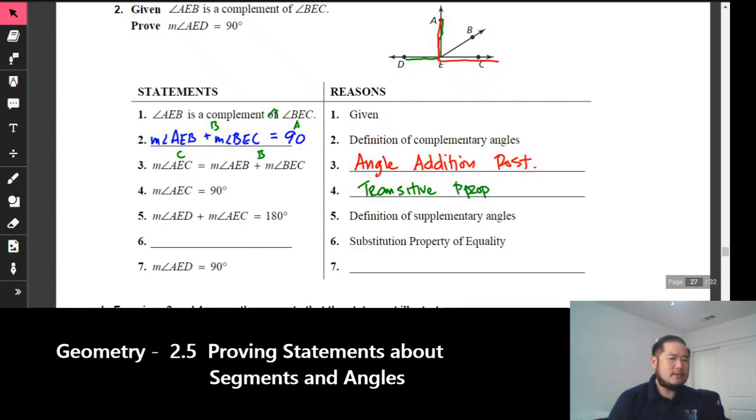What you could also possibly do is, if you take a look right here, since these two statements happen to be the same, you could say we could substitute AEB plus BEC, those two angles, equal to 90 right there. And we could technically even say it's the substitution property.